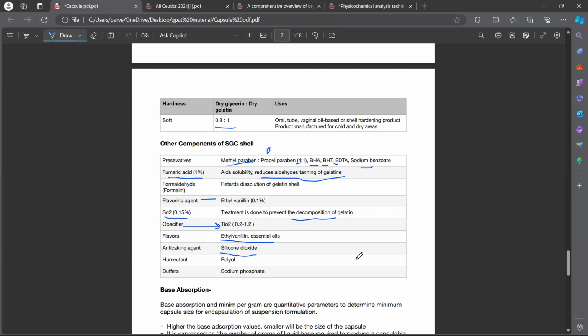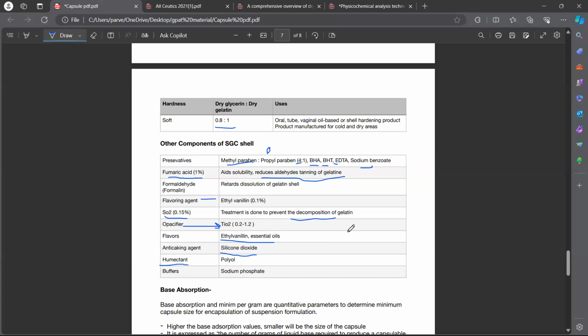Humectant. So, guys, could you please tell me what is the role of a humectant? Do you guys know the humectant role? Prevent moisture loss. Yes.